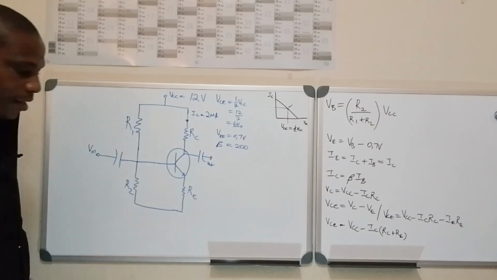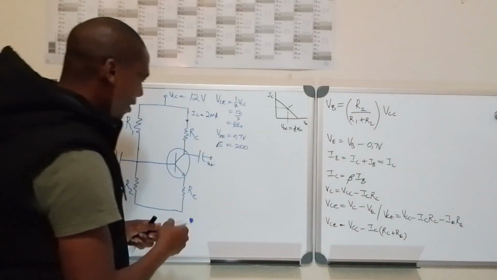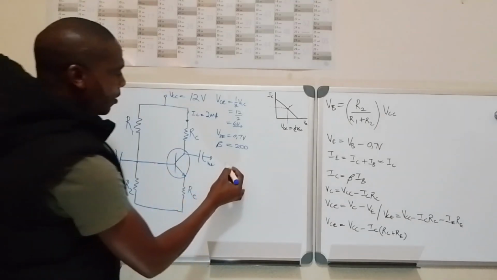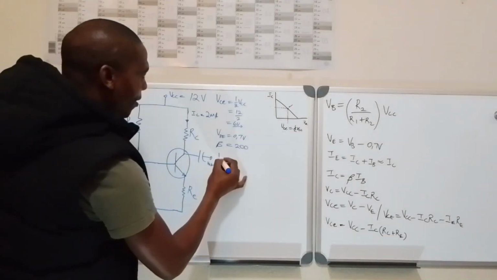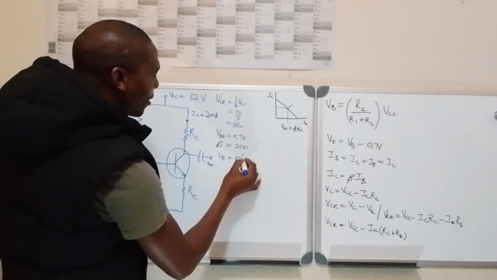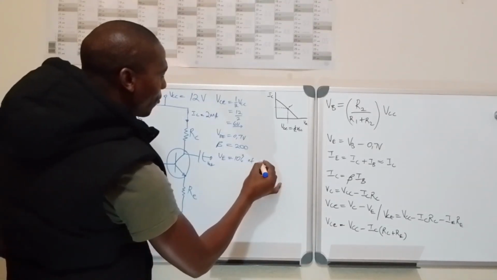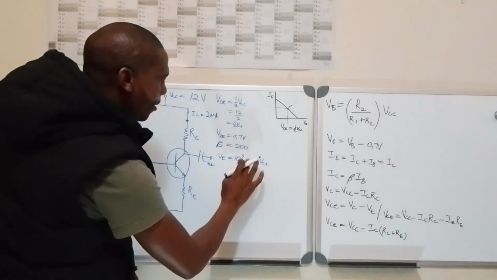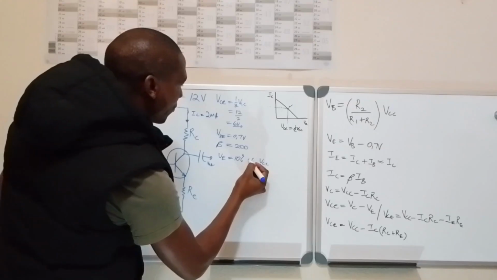Now, in the book I read, they said VE, which is the voltage at this point, must at least be equal to 10% of VCC. What is 10% of 12?